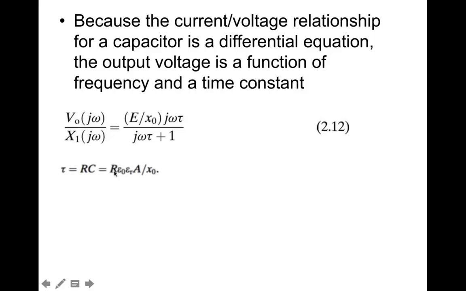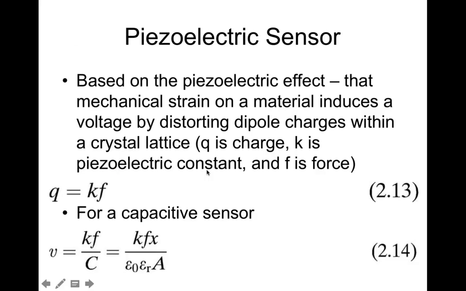That's a function of the resistance and the capacitance. It's RC. So you can make that a function of x sub 0 here. You can see that as your x sub 0 gets very small, your time constant would get very large, and as your x sub 0 gets very large, your time constant would get very small.